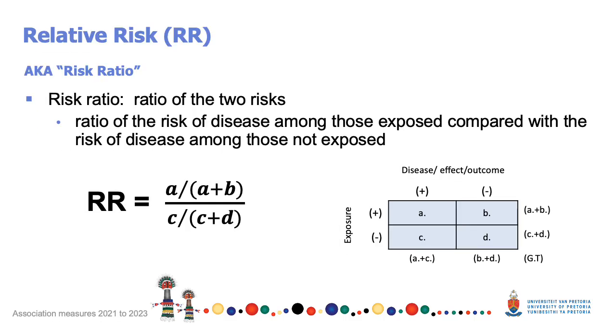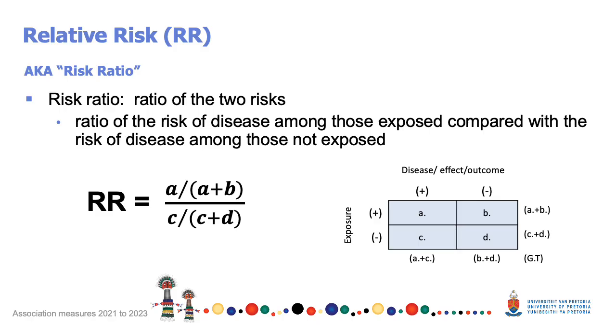Now, if an exposure were actually associated with a disease, we would expect the risk amongst the exposed group to be higher than the risk amongst those who are not exposed. And indeed, we can make a ratio of these two risks in order to get this measure of association. We call this the risk ratio or the relative risk.